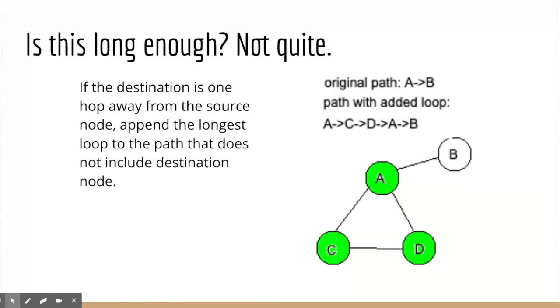For example, if we look to the graph on the right and A to B is our original path, we would then add the loop ACDA to the new path, giving us the final path ACDAB. This means that before making the maximum spanning tree, I will need to use the graph coloring algorithm to keep track of all the loops in the network to be accessed later and appended to these two node paths.